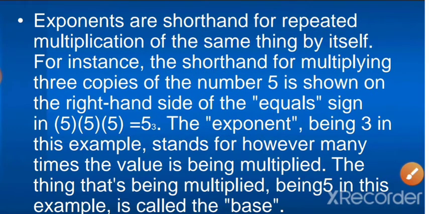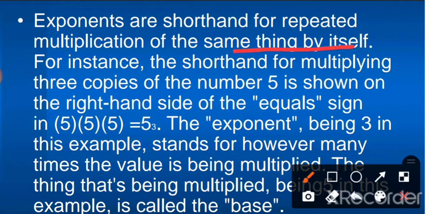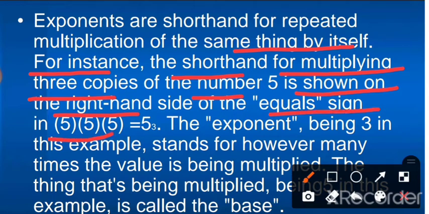The same thing by itself. For instance, the shorthand for multiplying 3 copies of the number 5 shown on the right hand side of the equal sign means 5 multiplied by 3 times. So we can write 5 to the power 3.